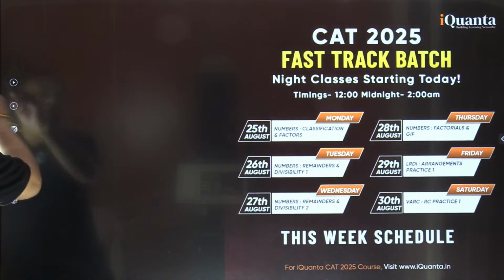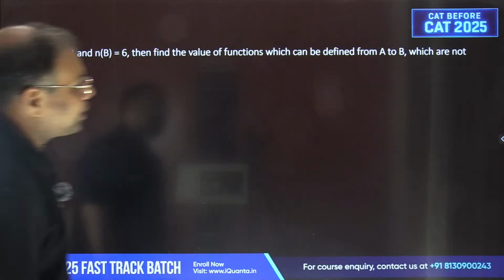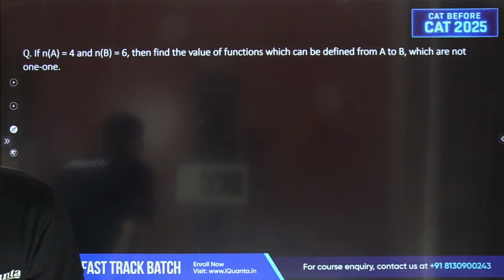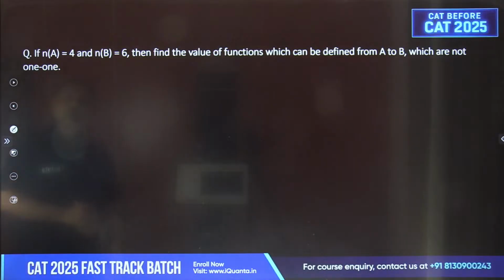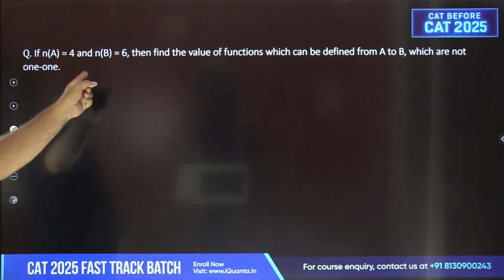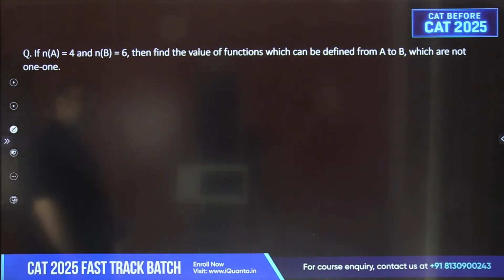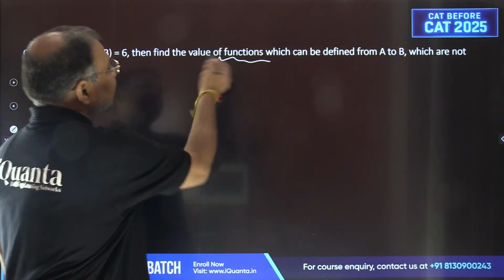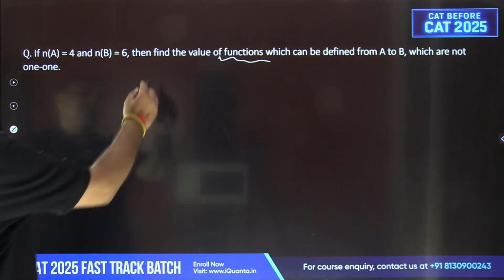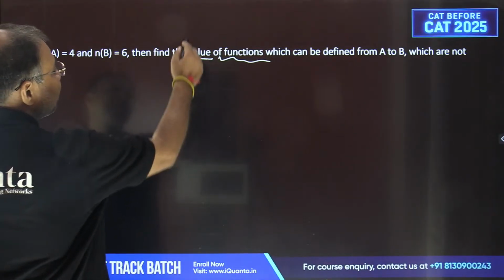Okay, I'm moving further. So let's start with today's topic. Here is the first question on your screen, and let me read it for you. It says, if NA, that is number of elements in set A, is 4, and NB, that is number of elements in set B, is 6, then find the value of functions. Basically, it is asking about the number of functions.